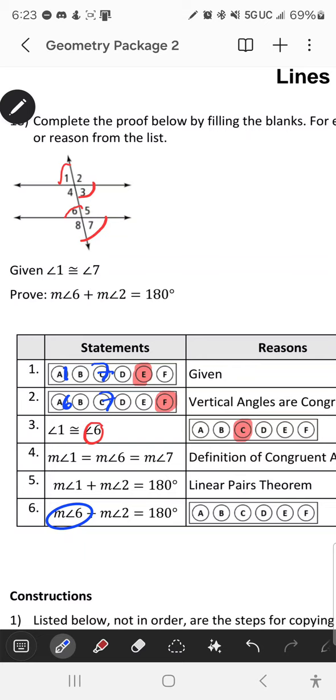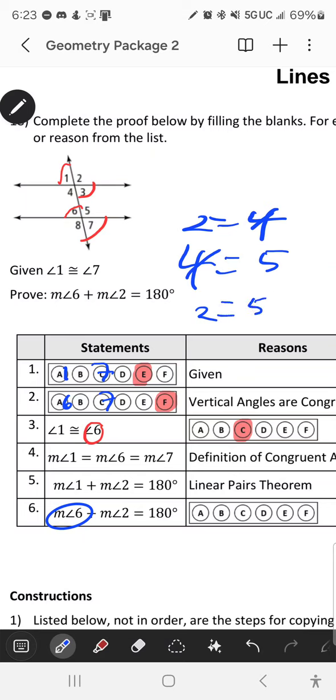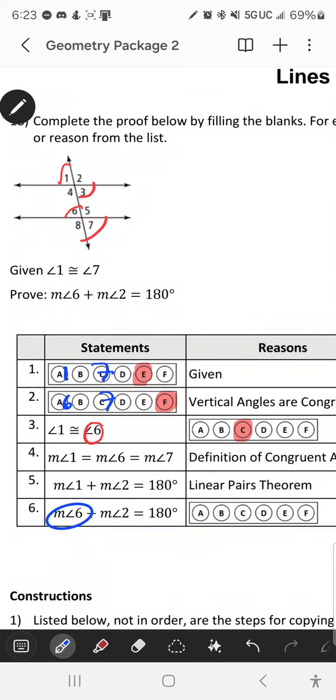For example, in this case, you see that we're adding one number to the other, so we're substituting the value of one number from the other. While in the transitive property, we have two things that are equal, like 2 equals 4 and 4 equals 5. So we take out the repeated one and say 2 equals 5, but there is no addition or subtraction or anything like that. There are just equalities.